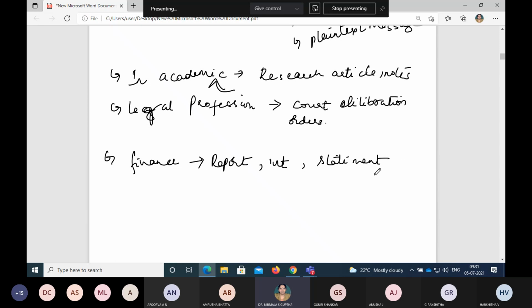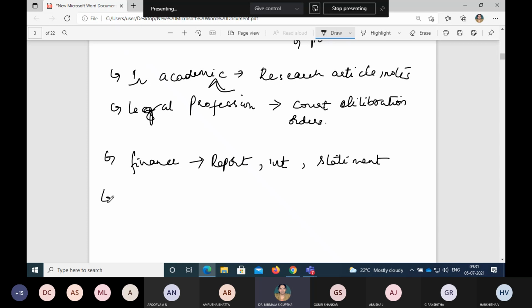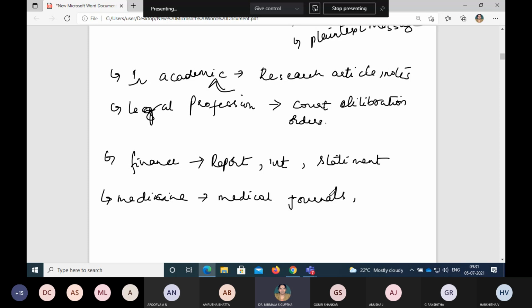Then the medicine field, the doctors. What kind of information will be floated there? It could include medical journals, obviously, or historical information about the patient, the patient history: what treatment we have given and how the patient was treated.